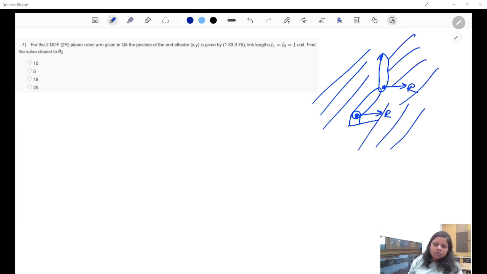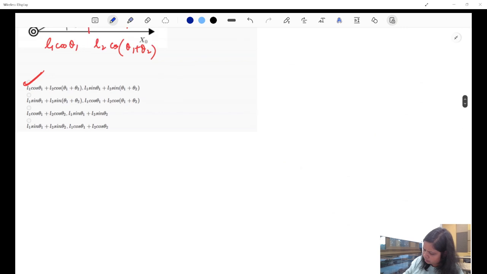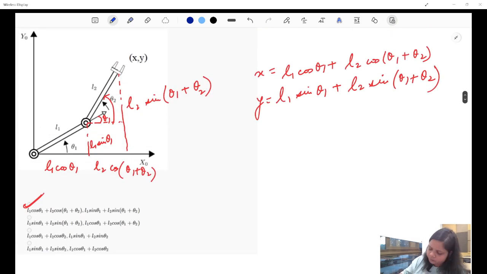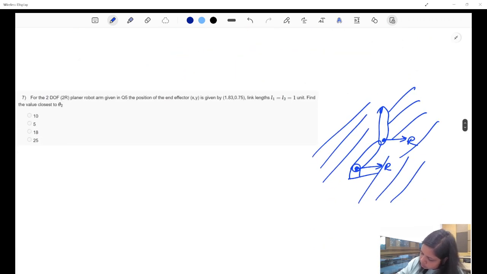Okay. So for the 2R planar robot given in question 5, is there any figure? Yeah, this is your figure. The position of the end effector is given by this. So your end effector position is given to you.